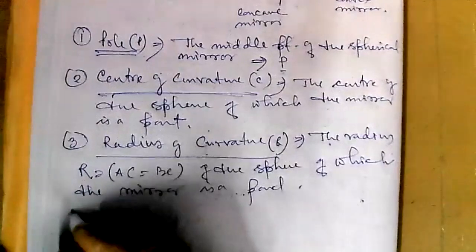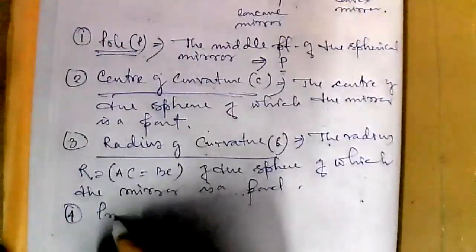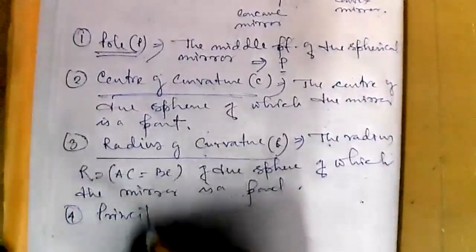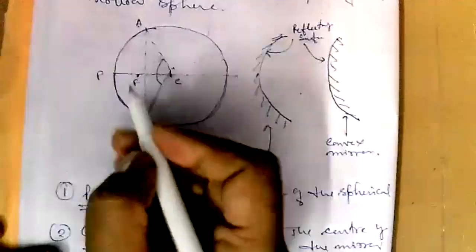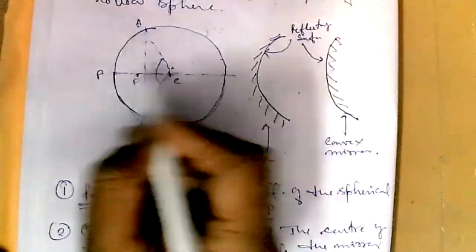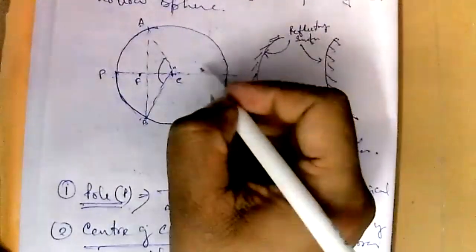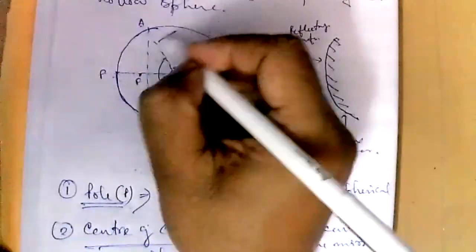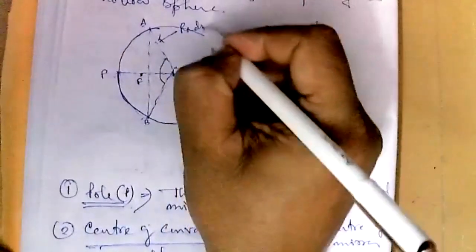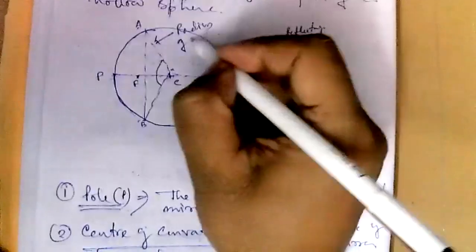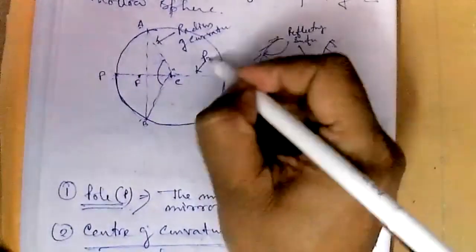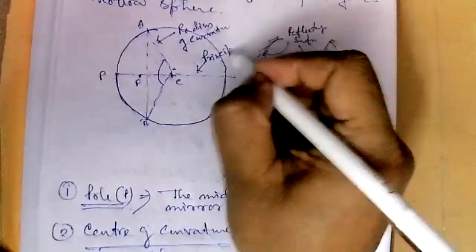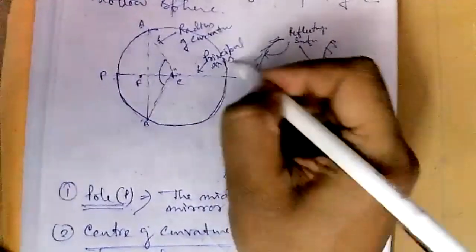Then comes principal axis. The straight line joining the pole and center of curvature is called the principal axis. So this is the radius of curvature and this is the principal axis. So what is the principal axis?